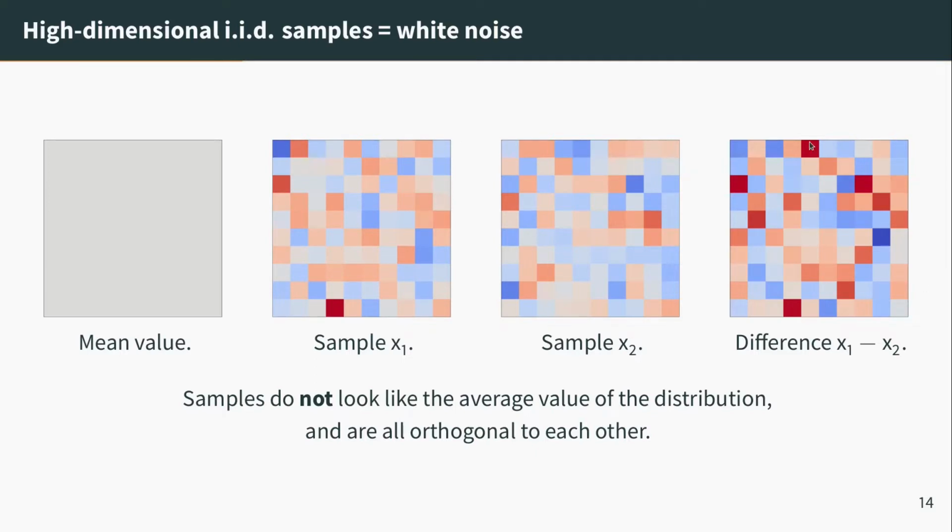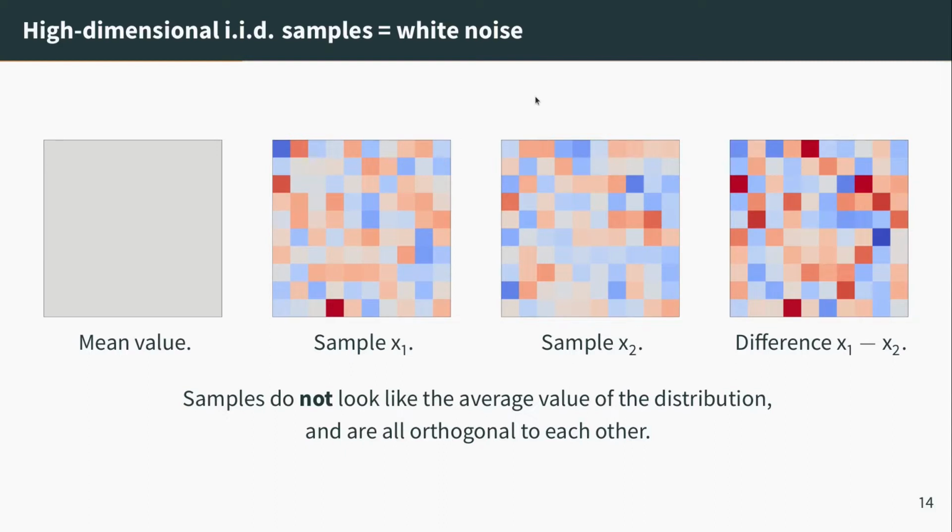So this is an image with 10 rows, 10 columns, so just 100 pixels, and every pixel value is just an independent Gaussian noise. And we say that it's white noise because there is absolutely no correlation between the different pixel values. So this is one sample, x1. This is a second sample, x2.